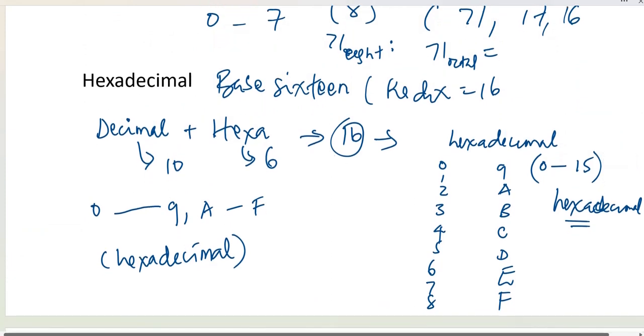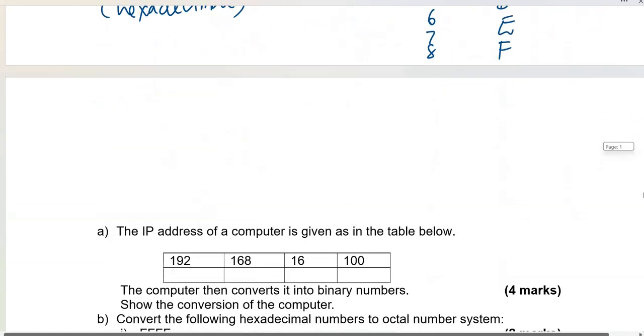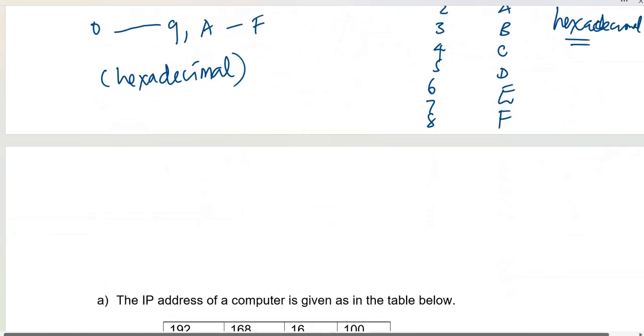There are common number systems that we want to look at when we are doing digital electronics: the binary, which is base 2, the octal, which is base 8, the decimal itself, which is common to us, and also the hexadecimal. But there are also other number systems, for example, base 4, which is called quaternary, and base 3, which is ternary. So our main focus is just on these four.